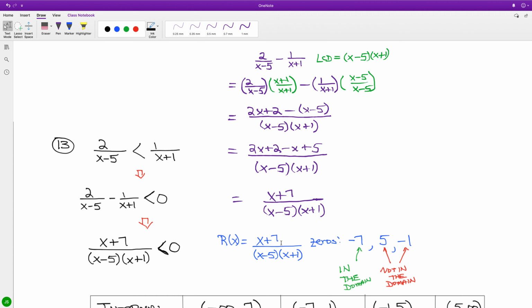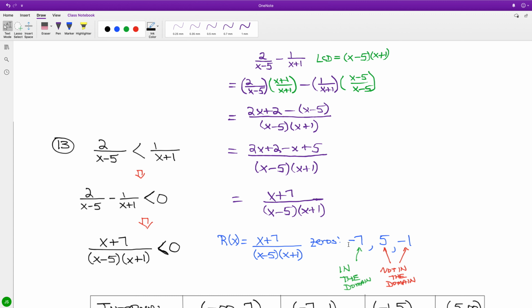So with the consolidated ratio, if we identify the zeros, from x plus 7, I have negative 7, and from the denominator factors, from x minus 5, I have x at 5, and from x plus 1, I have x at negative 1. For r of x, you can have 0 in the numerator as long as you do not have a 0 denominator, but you cannot have a 0 denominator, period.